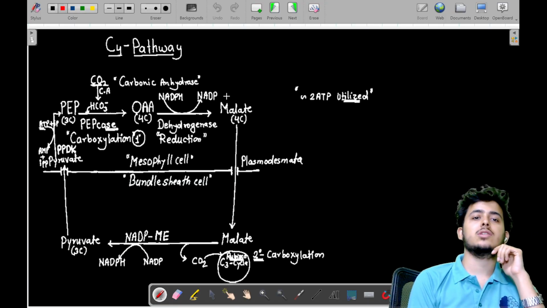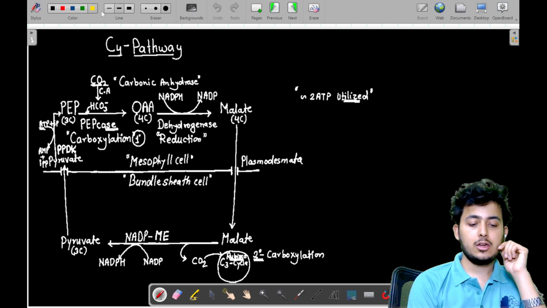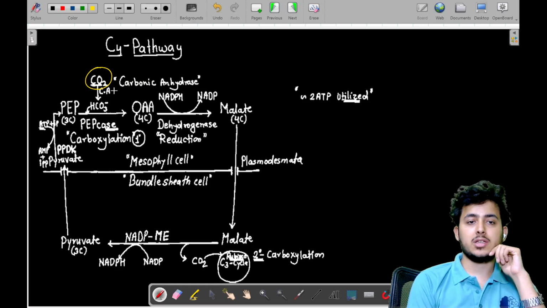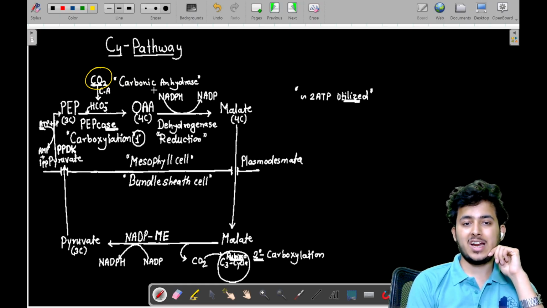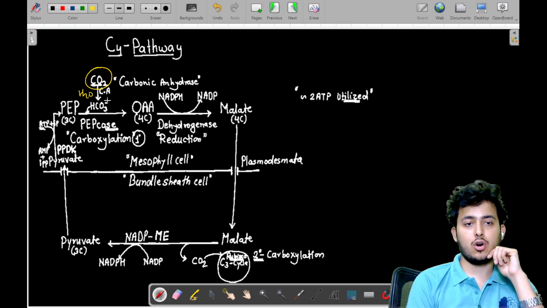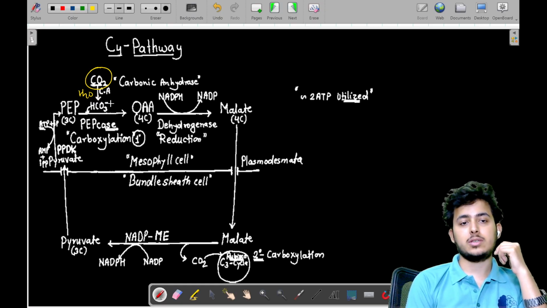So if you see this diagram, this flow chart of the C4 pathway in detail, you will come to know about the important things that are there. Basically, carbon dioxide in the presence of the enzyme carbonic anhydrase and water forms H2CO3, that is carbonic acid, and that can further release protons to form the bicarbonate ion.